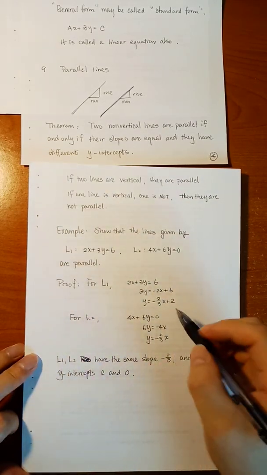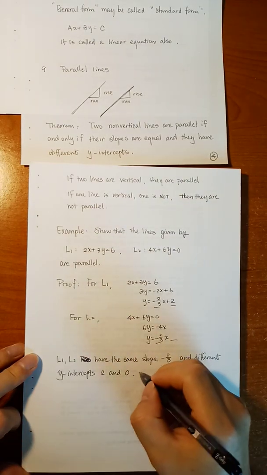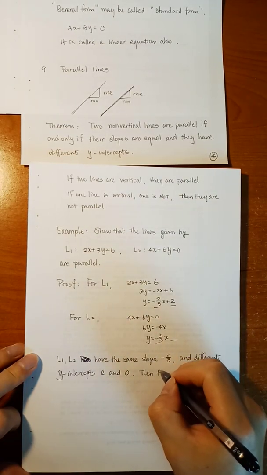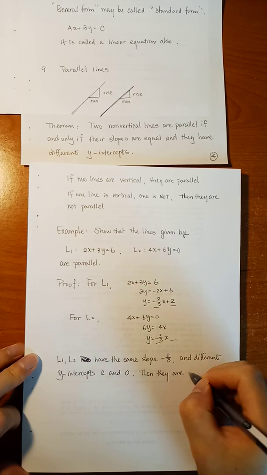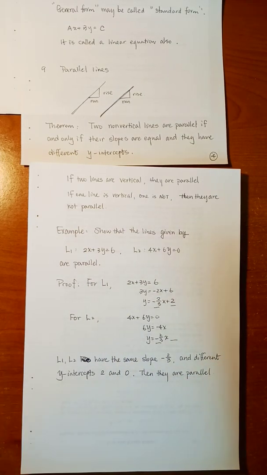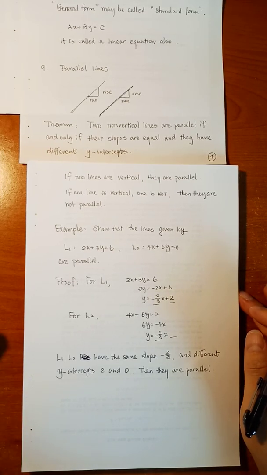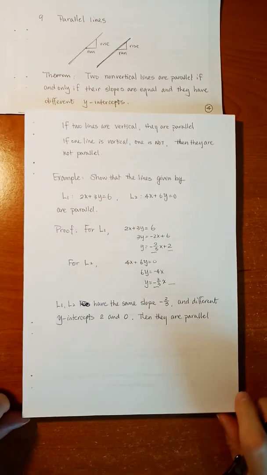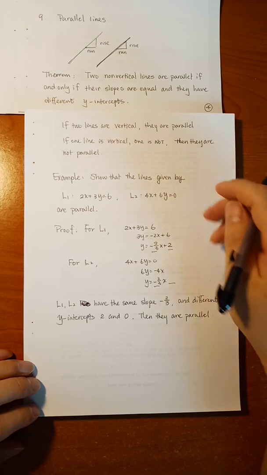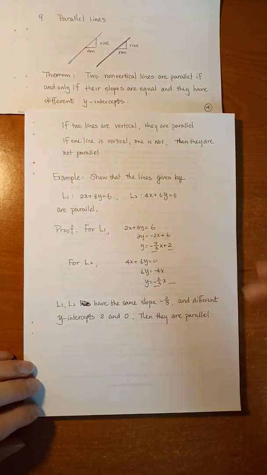Okay, so that's our observation here. And then they are parallel. They're parallel. So we can show that two given lines are parallel based on the slope-intercept form.